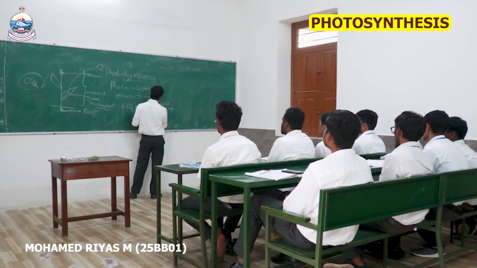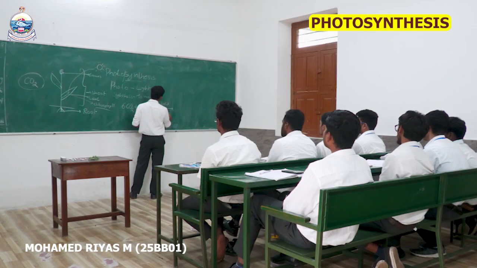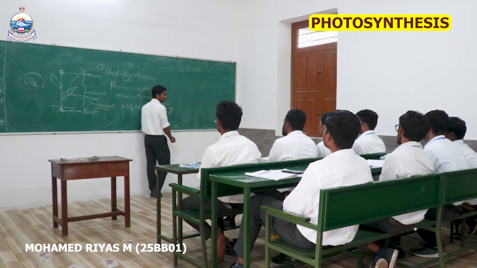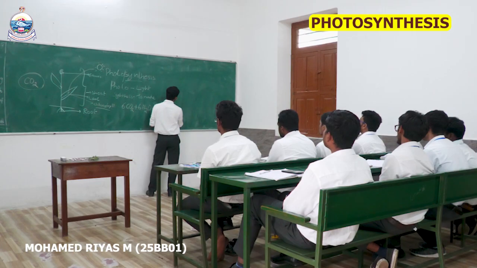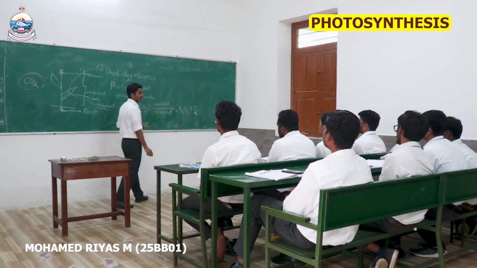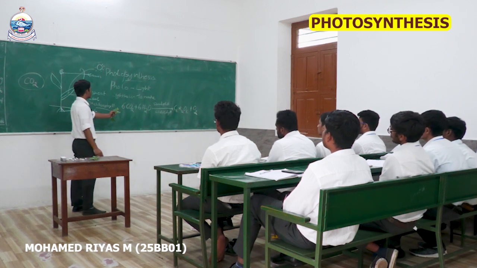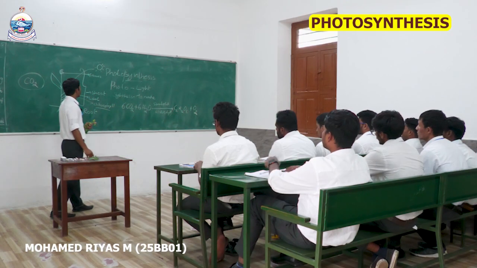The location is the leaf, the chlorophyll content. It makes glucose and oxygen also. Understand? Please note the equation in your notebook.